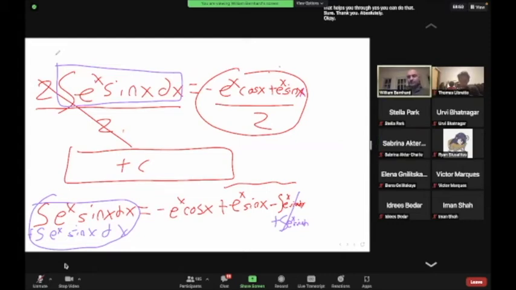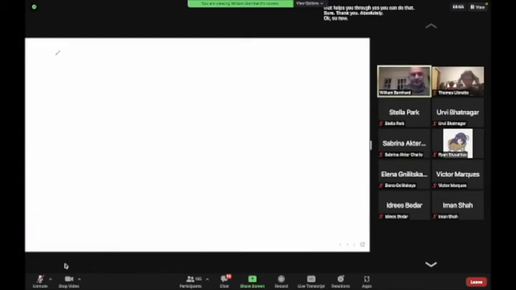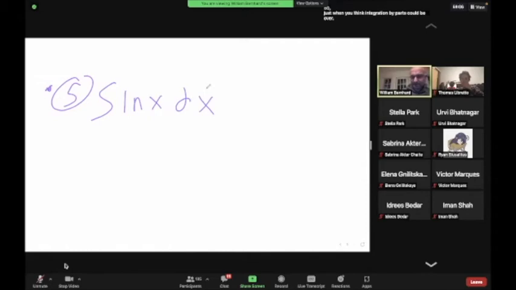Okay. So now a little surprise here. Just when you think integration by parts could be over, it winds up being helpful in a place that you may have not even thought it could be helpful.